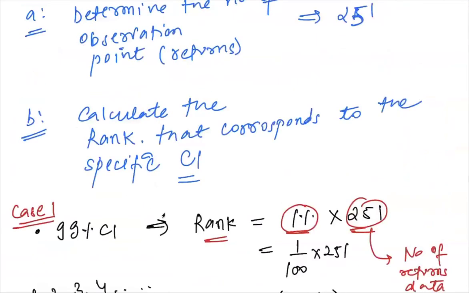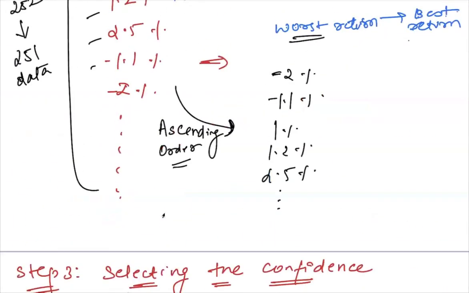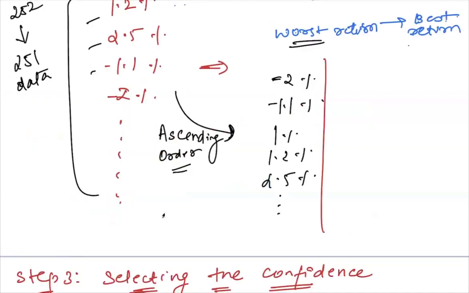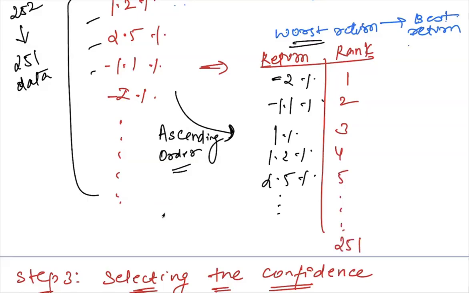So if you all remember, here these were our returns in ascending order. Now we'll give rank 1, 2, 3, 4, 5, and so on, up till 251, right? Because once we have arranged our returns in ascending order, we assign rank. The worst is first, second, third, and so on.